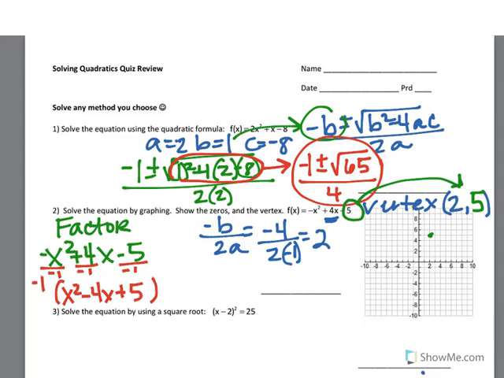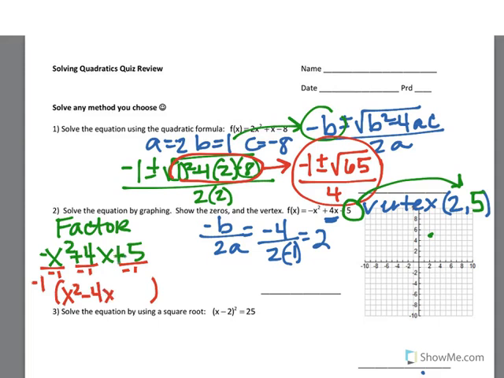And I would want to find something to multiply to get to negative 5. Oops, sorry, that was a positive. So this was a positive 5, sorry.